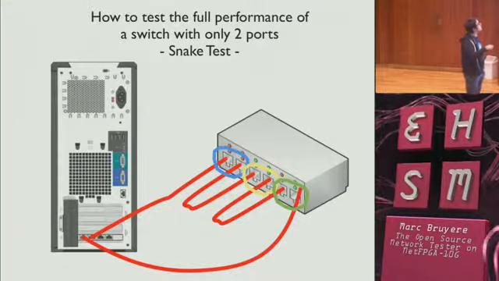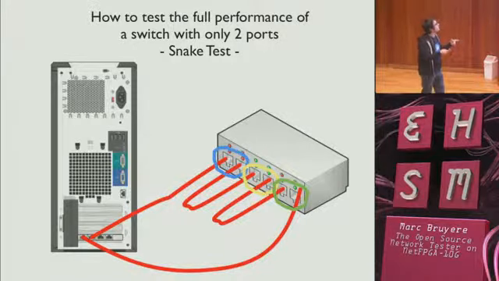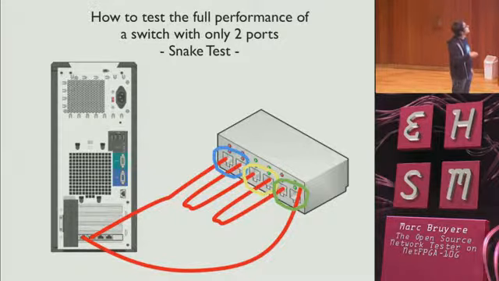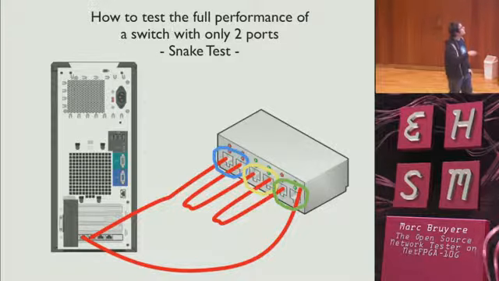You're just using one port to generate the traffic, another one to receive it, and in the opposite way as well. Then you can test at full duplex with only 2 10 gig ports, whatever number of ports you have on the switch you want to test.